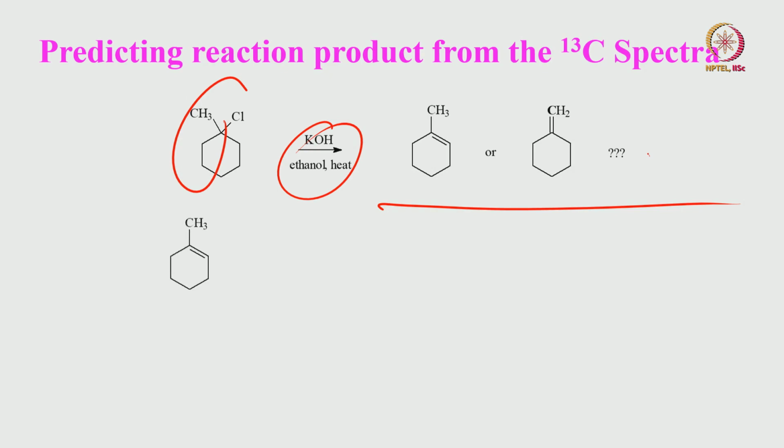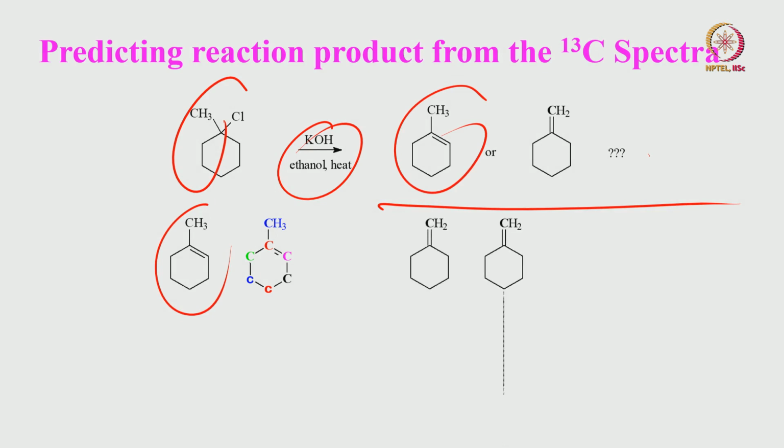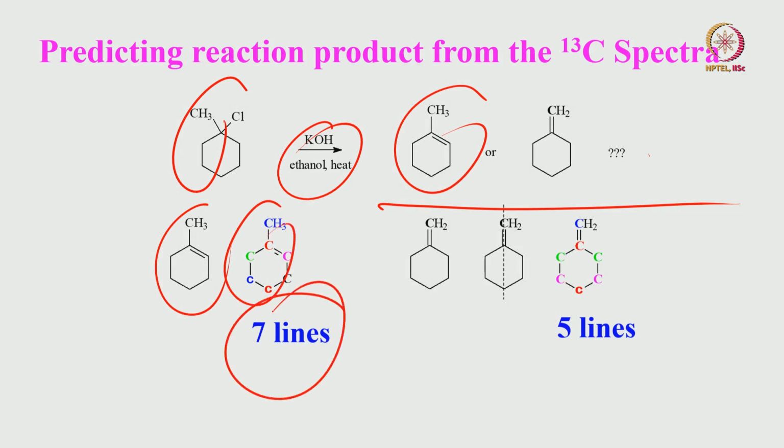Simply, take a carbon 13 spectrum. If this is your product, how many peaks do you expect? If this is the product, you get 7 lines. All carbons are inequivalent. There is the double bond here, there is no double bond. These 1, 2, 3, 4, 5, 6, all are different, and this one, 7 carbons.